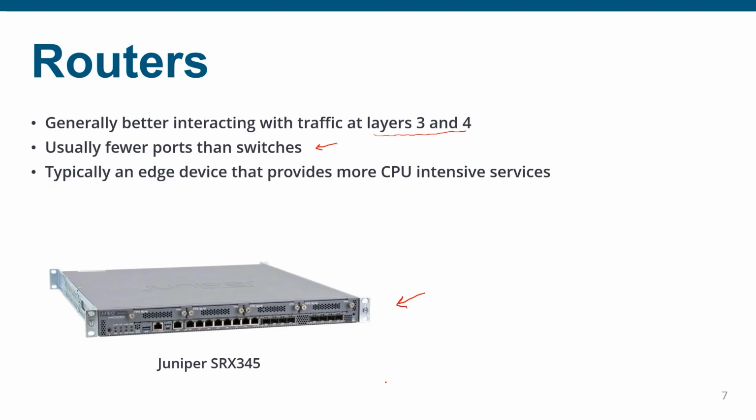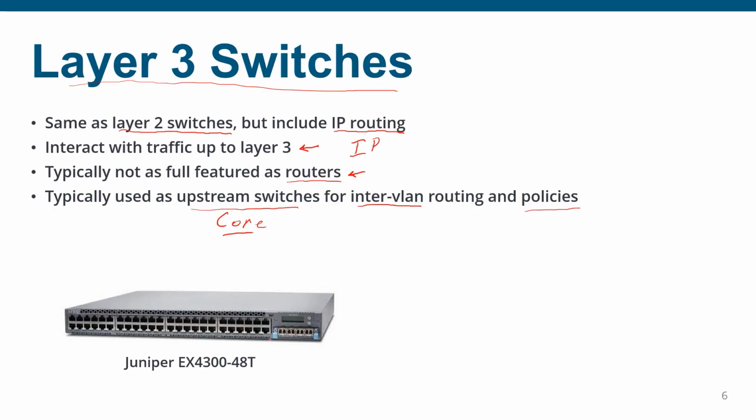This is a very nice router with multiple gigabits of throughput capability, and as you can see here, it has 4 SFP ports and 8 built-in gigabit RJ45 ports. This does have significantly fewer ports than our 48-port EX4300 switch here.